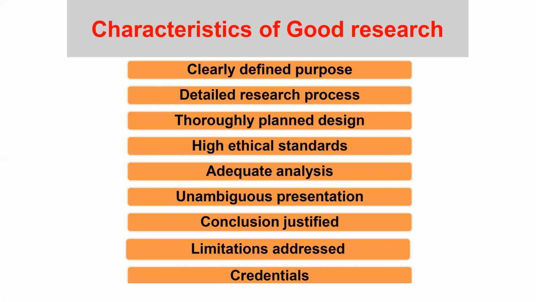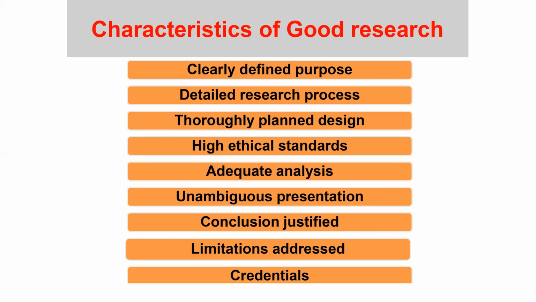You need to detail your research process step by step. There are 8 stages I recommended earlier, so you can go through them. You need to thoroughly plan the design, with high ethical standards. You need to be very careful. You cannot copy and paste from other people without giving them credit. A good research has high ethical standards.